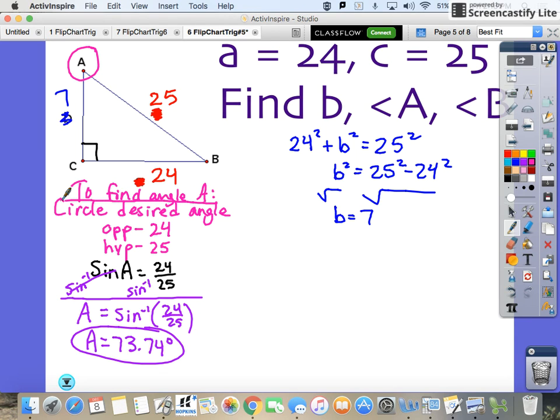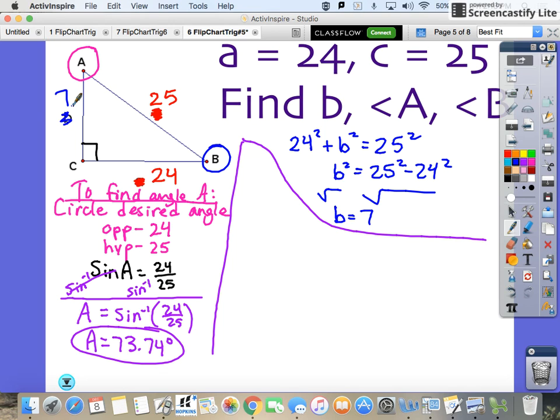Now to find angle B, we kind of have to start fresh. We're going to do the same thing where we circle our desired angle. So we're going to look for B in this one. If we look across, that's our opposite, but again, we want to use the numbers we were given.